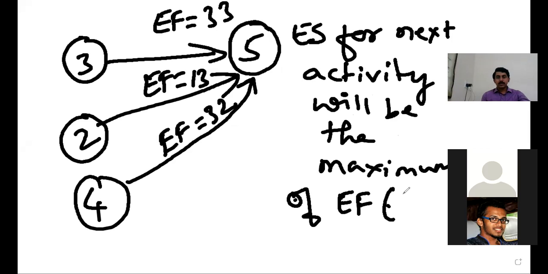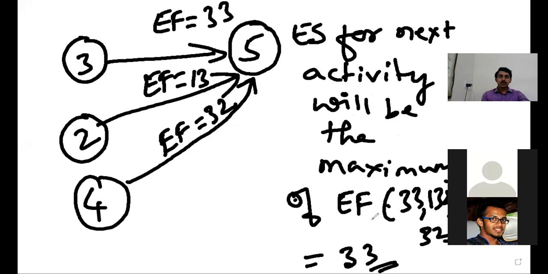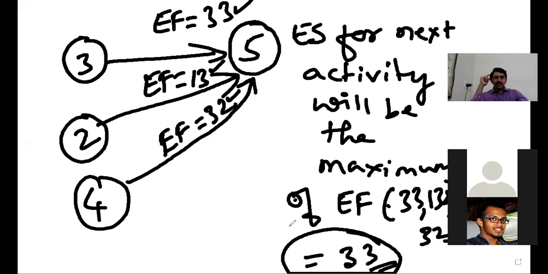That is 33, 13, and 32. We have to see which is the maximum early finish between these three values, and that early finish we are going to consider for the next calculation, that is early start. Did I answer your question?